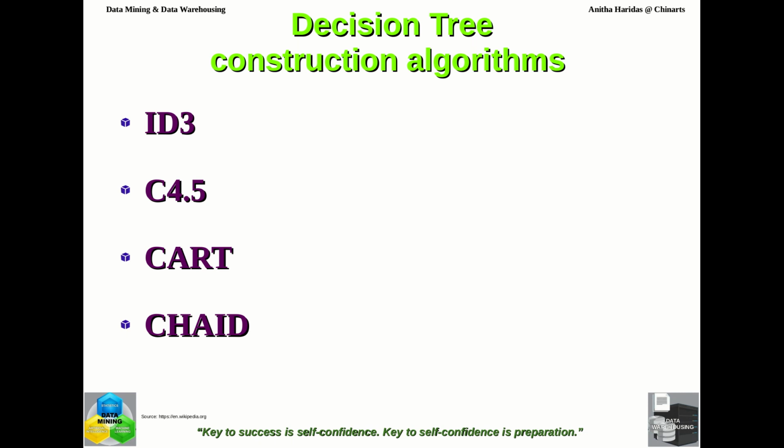Whereas other algorithms can handle training data which is more than 64 KB. So only 64 KB will be available in the primary memory and the rest of the training data will be available in the secondary storage device. That is how they differ. Only in these concepts do the decision tree construction algorithms differ.